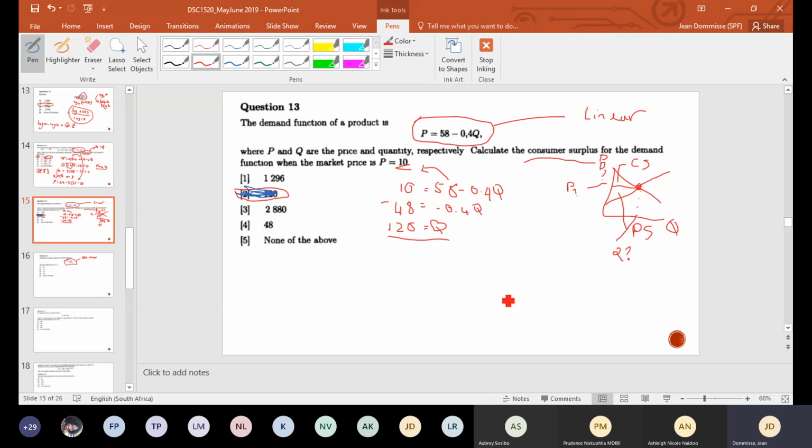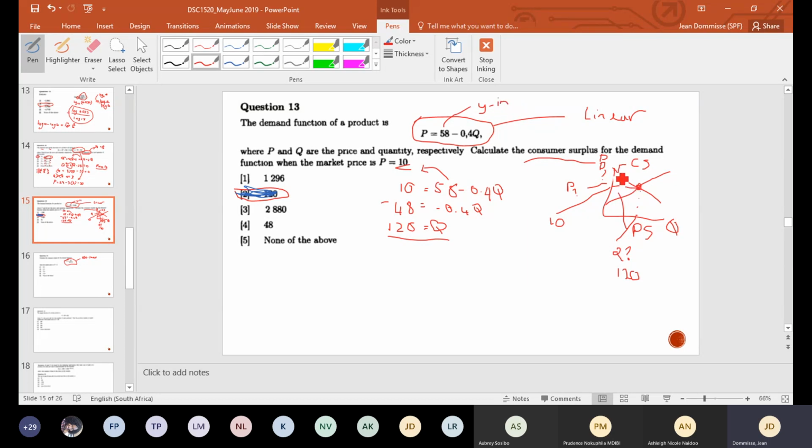Okay, so then we know what the Q value is. It's 120. At that point, the P value was 10. And because we're working with the demand function, that is your y-intercept.